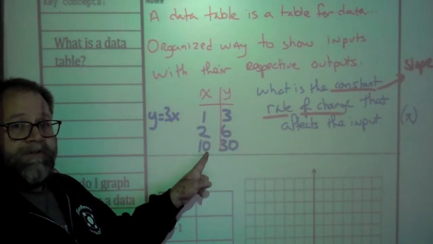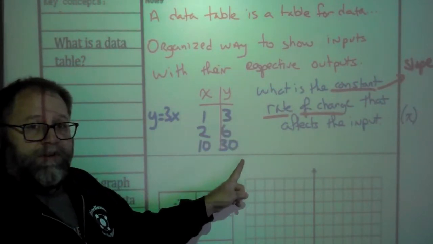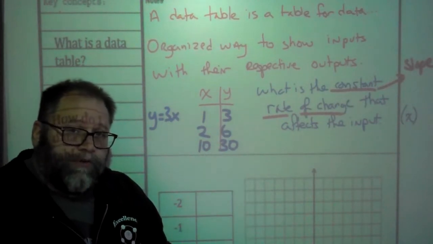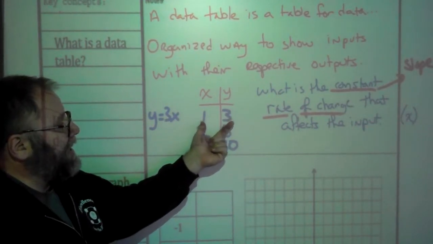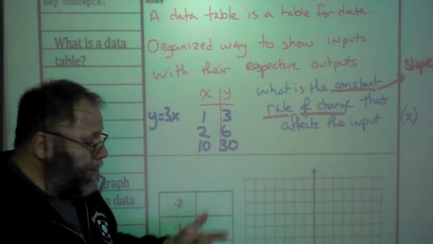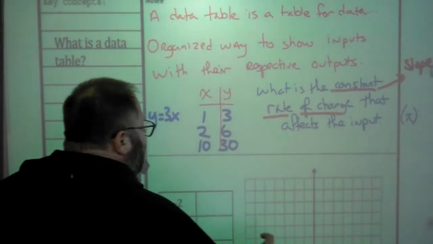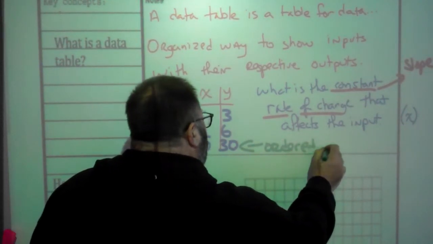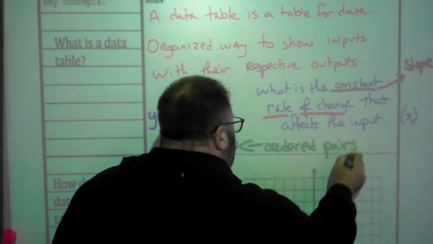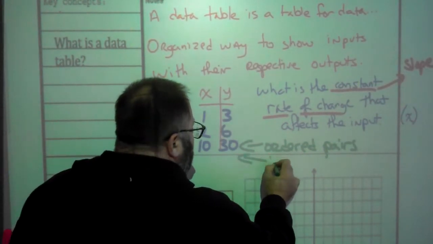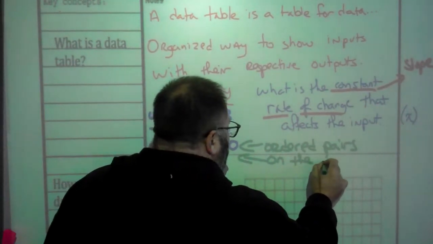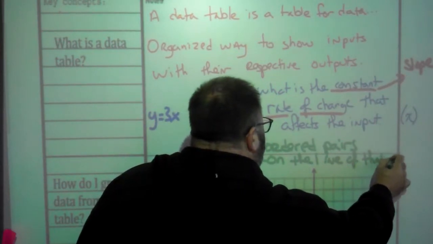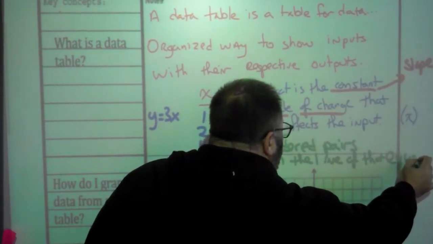Here's our inputs, here's our outputs, and then what we also know from this, so we're gathering everything that we've done so far and putting it together in one piece, is that each of these things is an ordered pair. Ordered pairs. And the second thing we know about these, they are on the line of that equation.